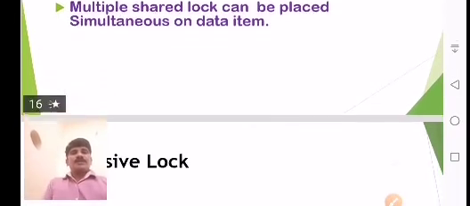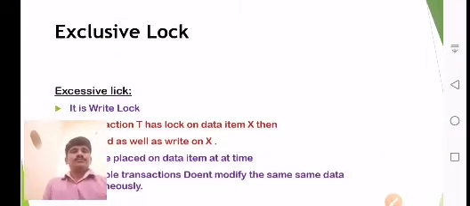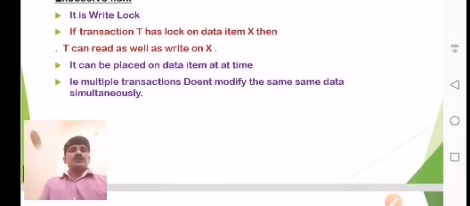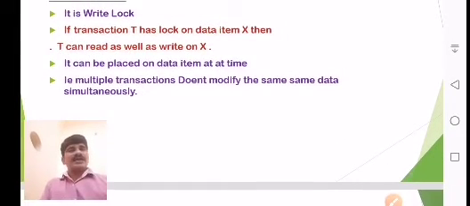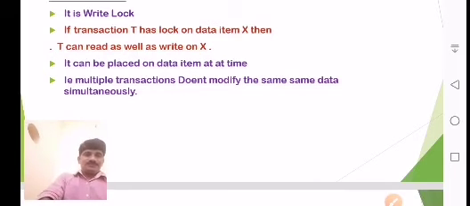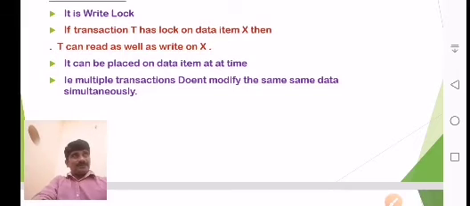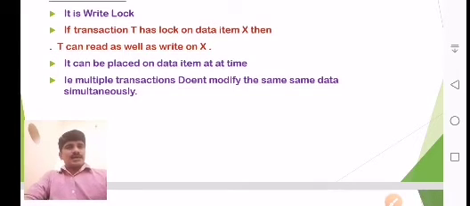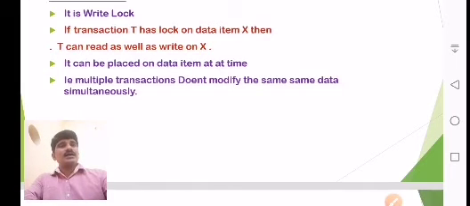And the next one is the exclusive lock. It is a write lock. So shared lock is a read lock, and exclusive lock is a write lock. If a transaction T has an exclusive lock on data item x, then T can read as well as write on data item x.